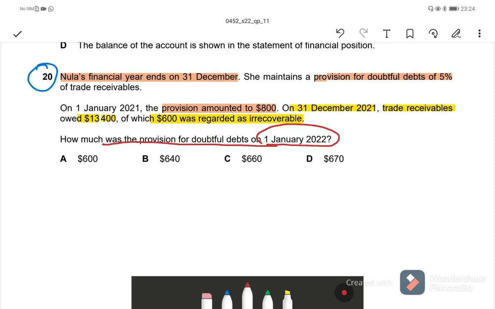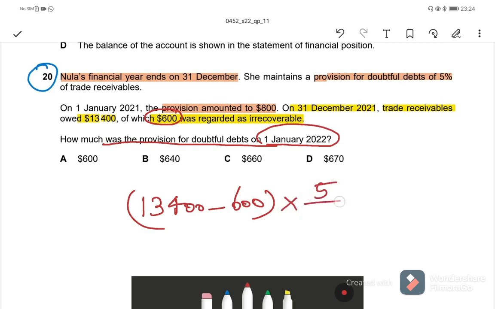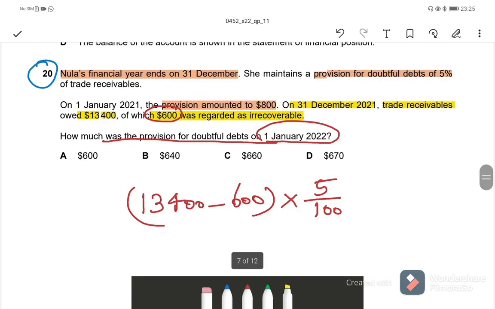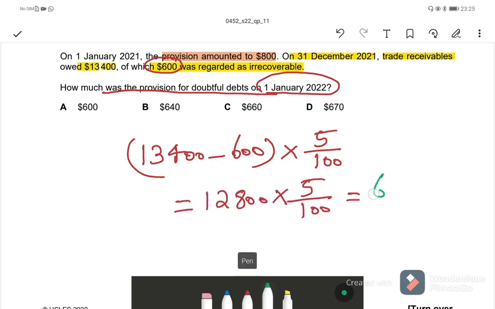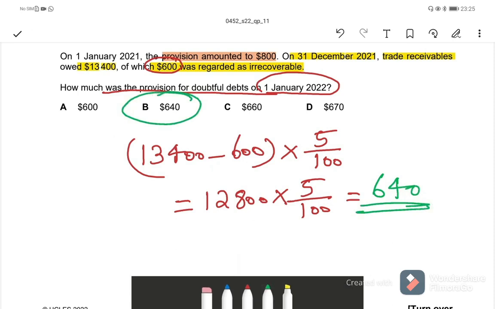So trade receivable is 13,400 minus the bad debt amount 600, which is 12,800, multiplied by 5 by 100, is equal to 640. Correct answer is option B.